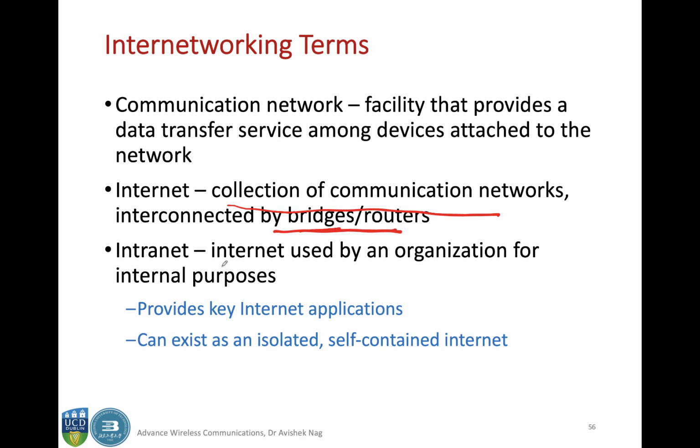Then an intranet is an internet used by an organization for internal purposes. So an intranet is something which your college or university just uses for its internal purposes. It's different from the internet.